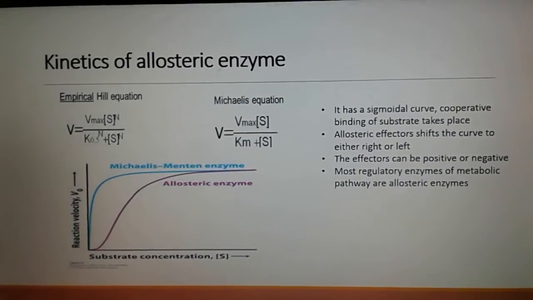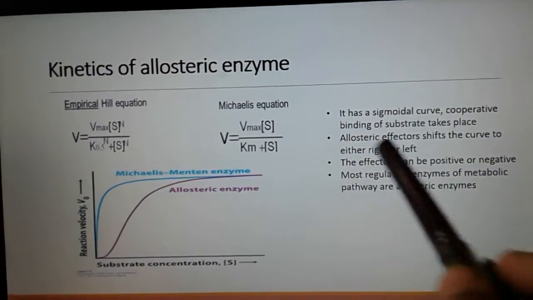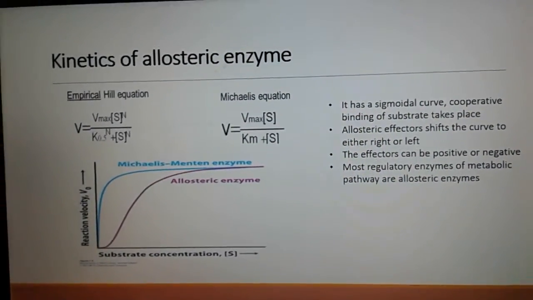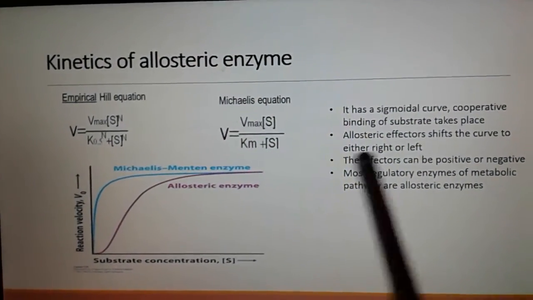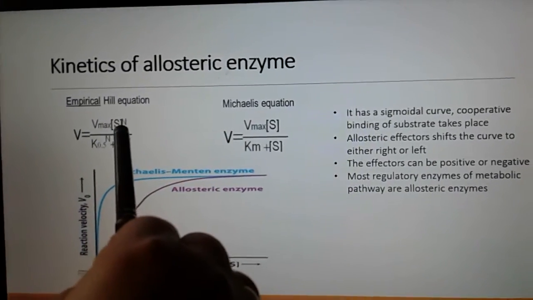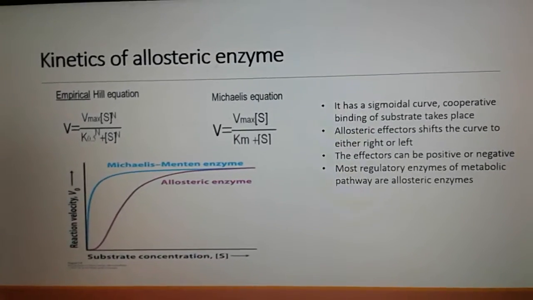This is the kinetics of the allosteric enzyme. This equation is known as the Michaelis-Menten equation. We have discussed it in our previous video, and this is the Hill's equation. The difference between these two equations is this n factor. This n denotes the number of sites.